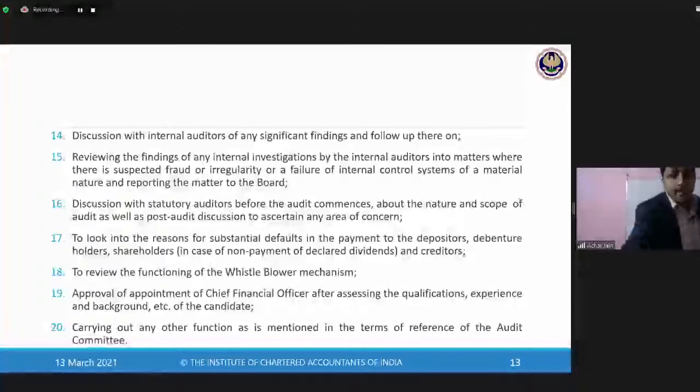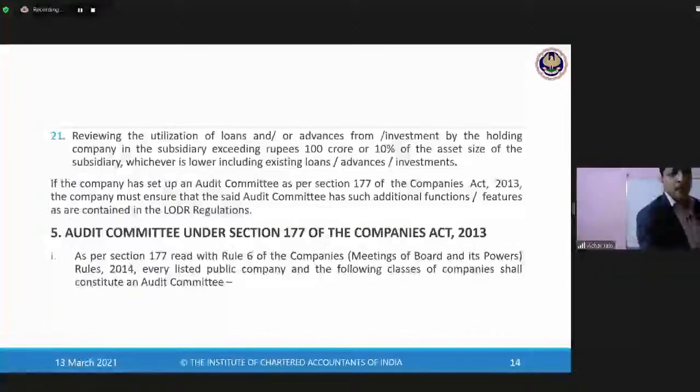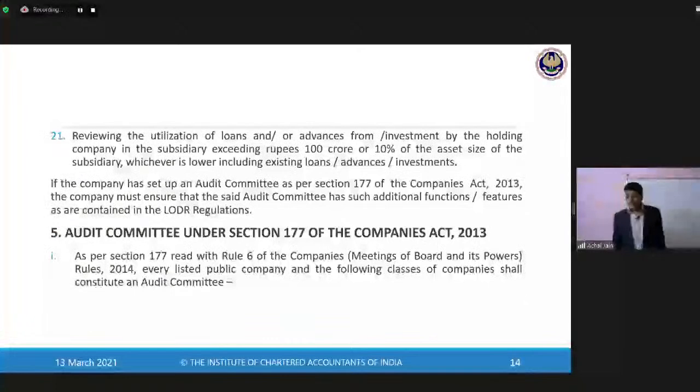Now, these roles and responsibilities that we have discussed were all coming from the requirements of the LODR, meaning the SEBI regulations. The SEBI regulations require all of these things that we have discussed. Now, as a next step, we will also look at the requirements on the part of the audit committee which are coming from the Companies Act.